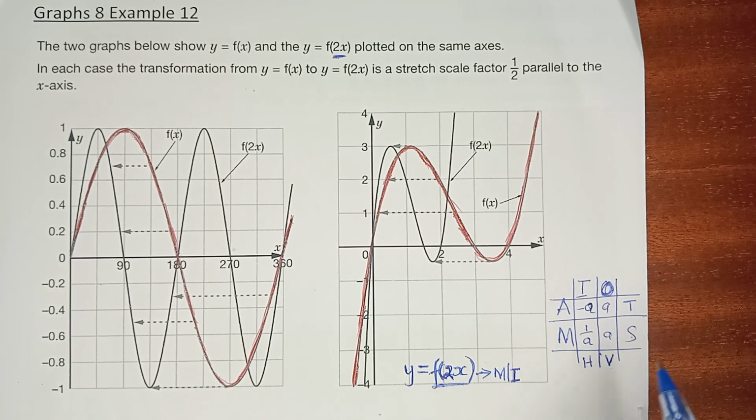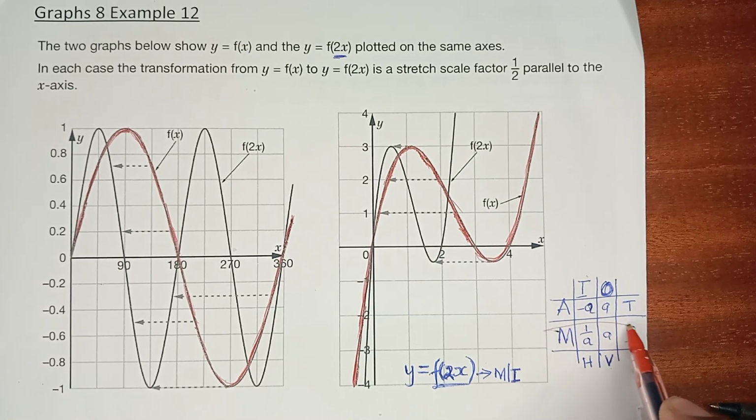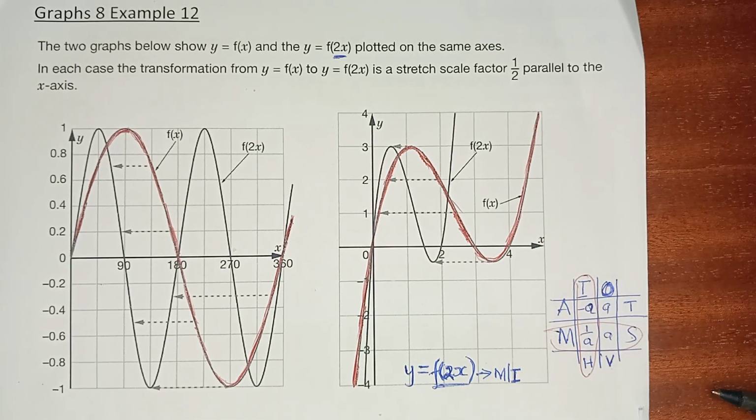Multiplication inside, and according to Mayo, it gives us a horizontal stretch. Multiplication inside is a horizontal stretch of scale factor 1 over a.